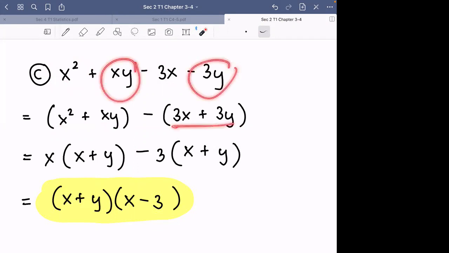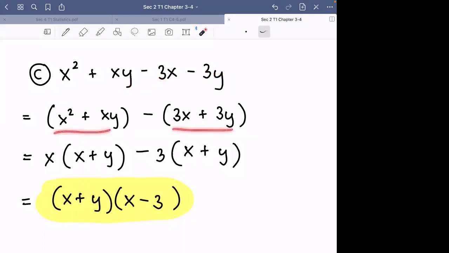So that's it. Again, group them, but those groups should have a common factor. In this case, the first group has x as its common factor, and dividing this expression by x, you will get x plus y. And then 3x plus 3y, their common factor is obviously the number 3, and dividing by 3, you'll get x plus y.